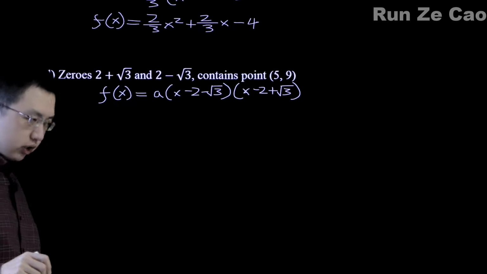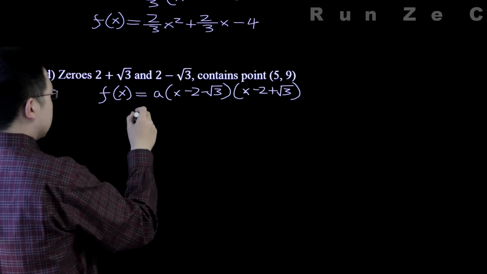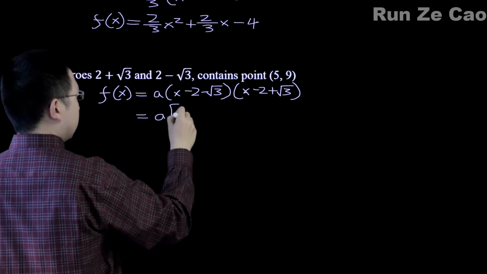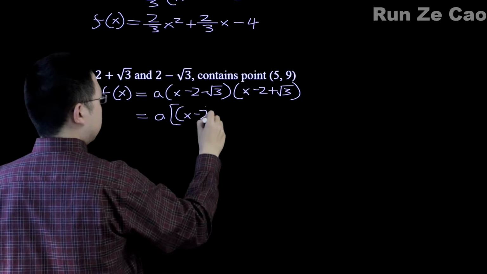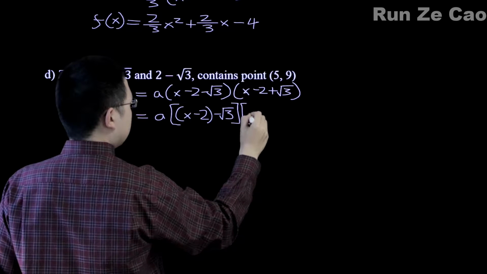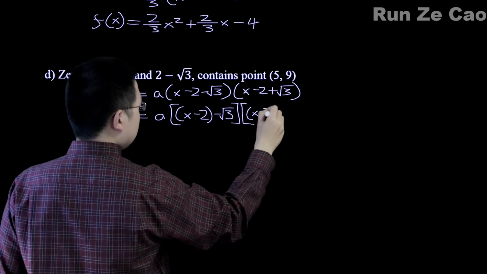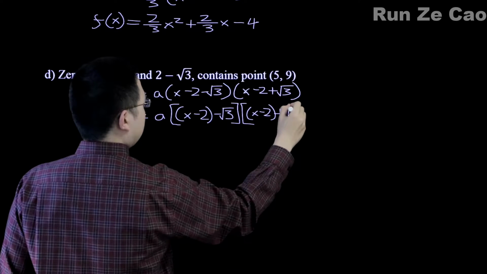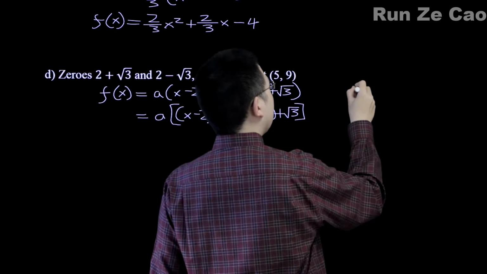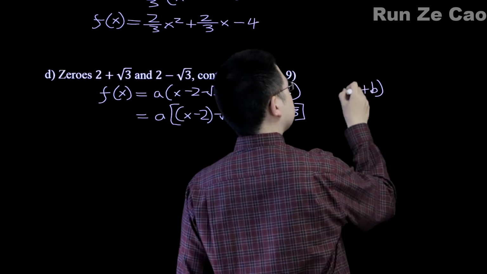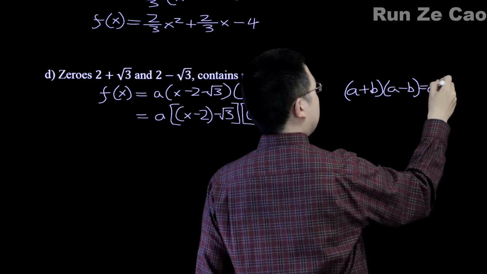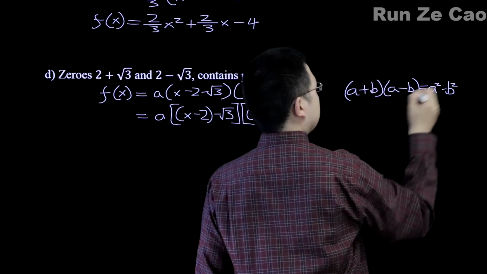Here, what we're actually looking at is this. (x - 2 - root 3)(x - 2 + root 3). So this is (a + b) times (a - b) equals a squared minus b squared.